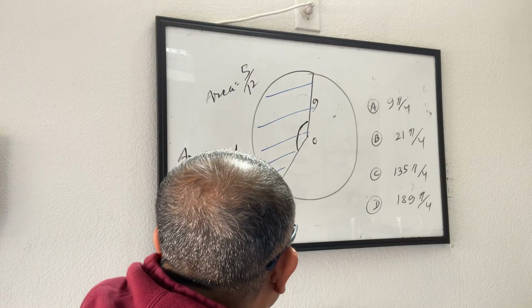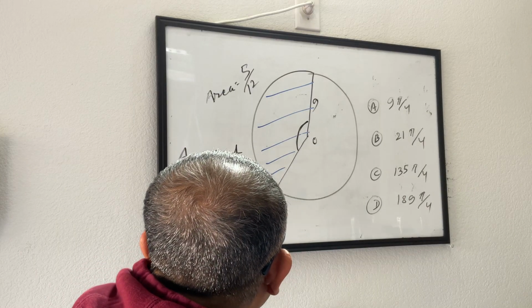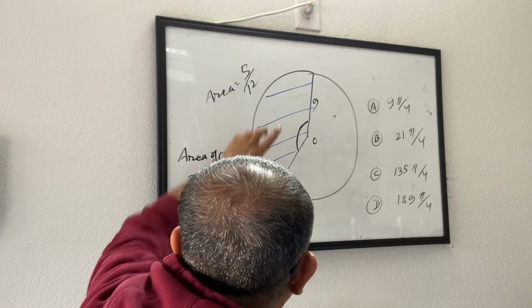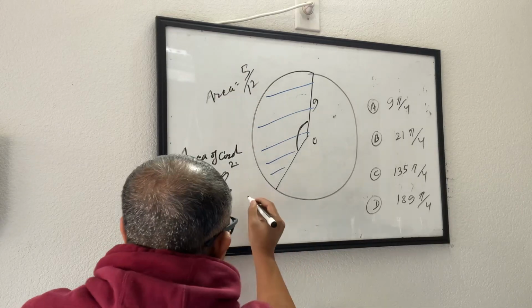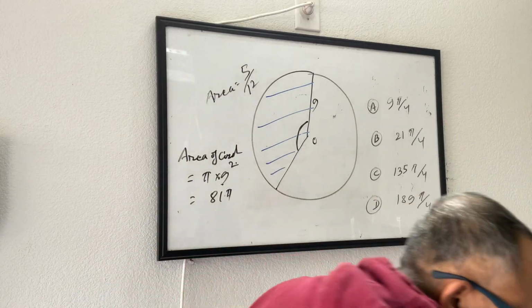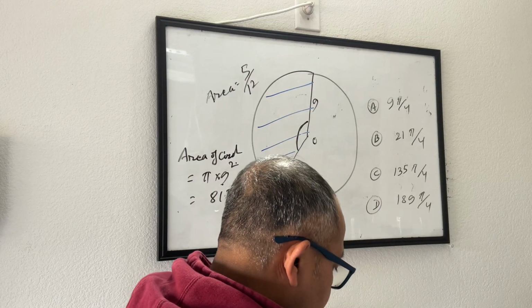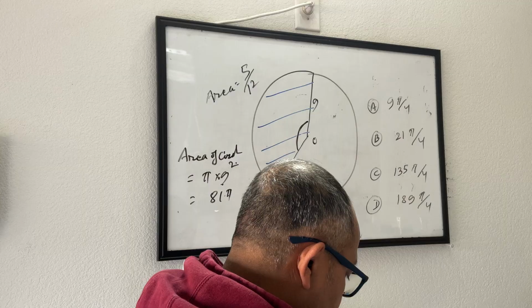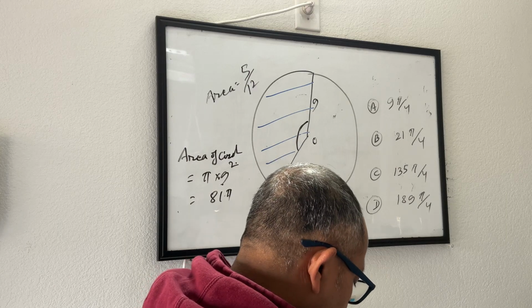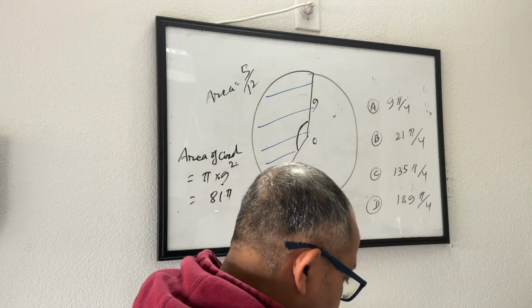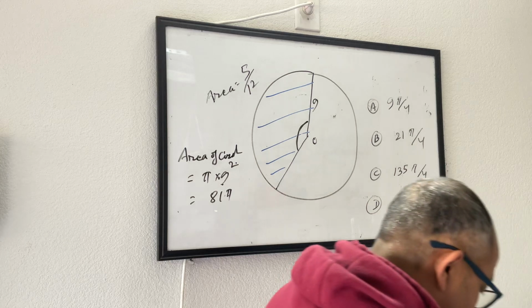Now it says this area is 5/12. And was it 5/12 or 5/12 pi? Let me just confirm one more time. It says 5/12.